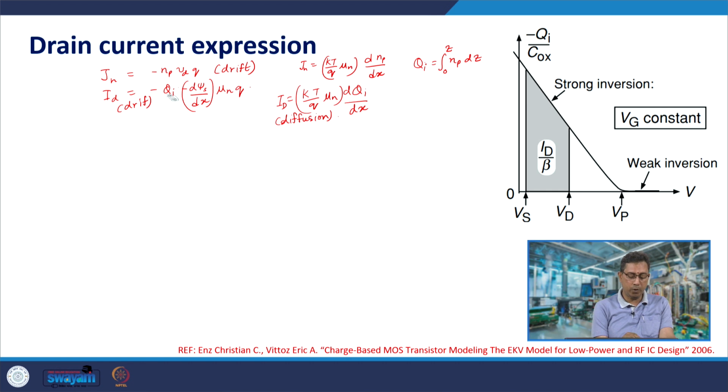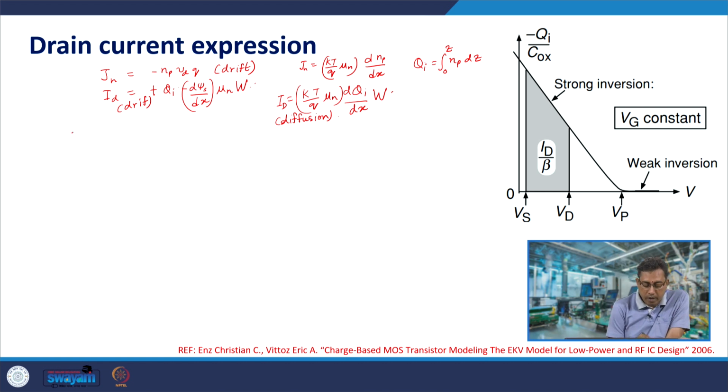Since charge is included in Qi, we do not need q here, and the device would have a width W, so we multiply this with the width W and also this with the width W. Since the charge q is negative, the minus Np into q, when integrated, gives a positive sign here.